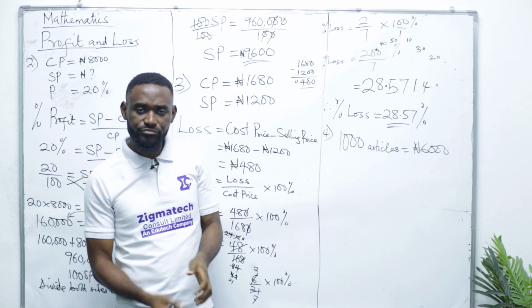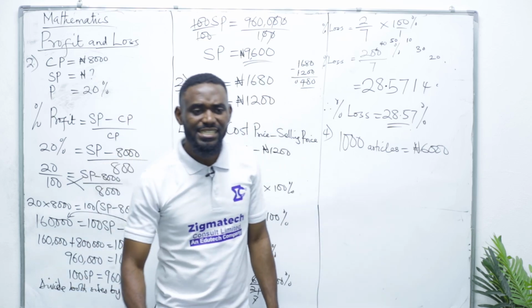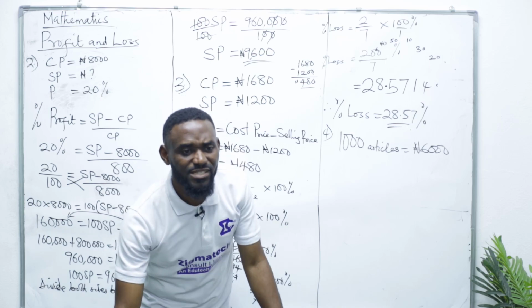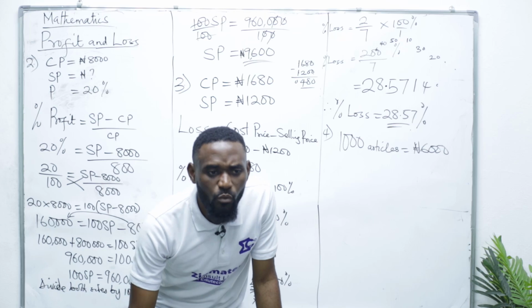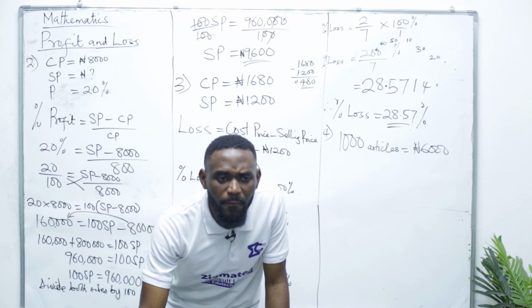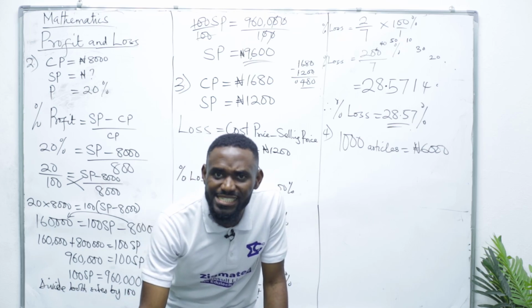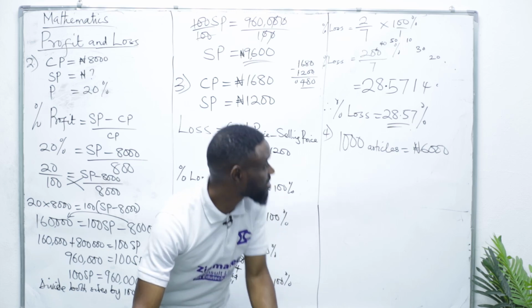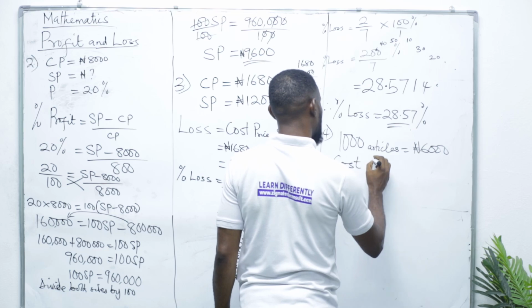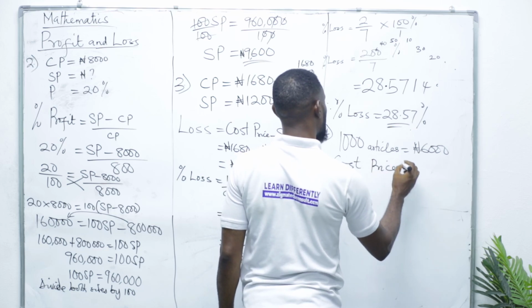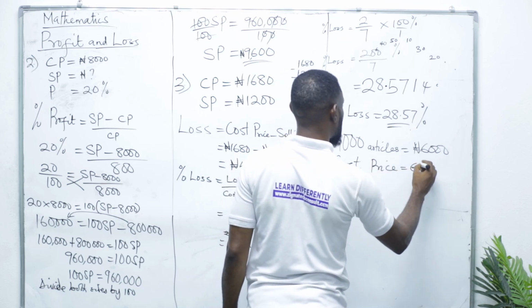Is that okay now? So let's see this 9 naira times this 1,000 articles. It means that what he sold, this whole thing is 9,000 naira. Let's remember first of all, the cost price for them is 6,000 naira.